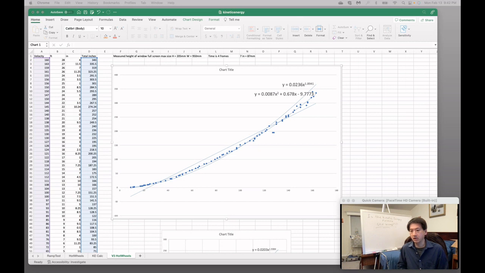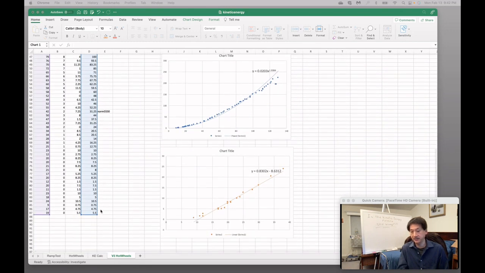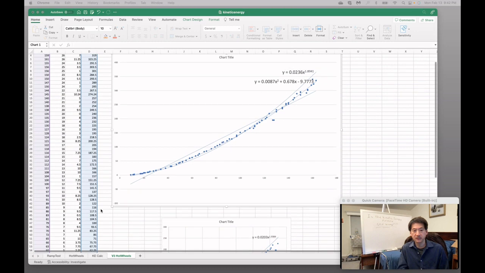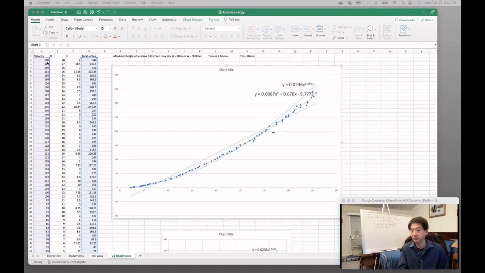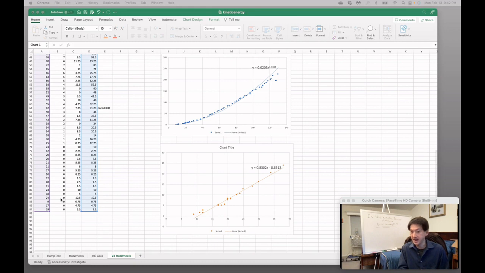So here are the new results. Instead of 6 data points, we now have about 87 data points, with the velocity difference ranging from 160 to about 9.